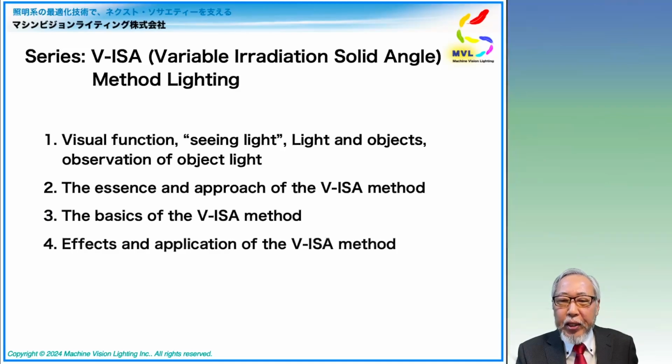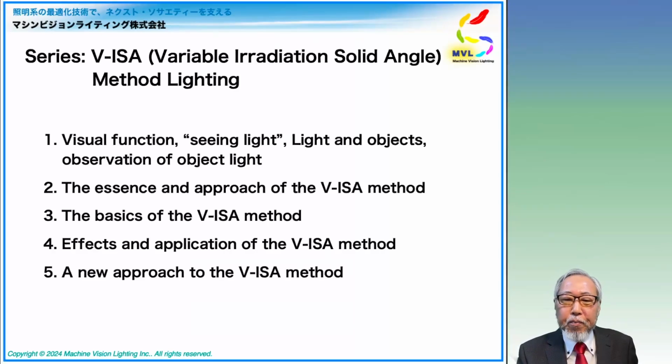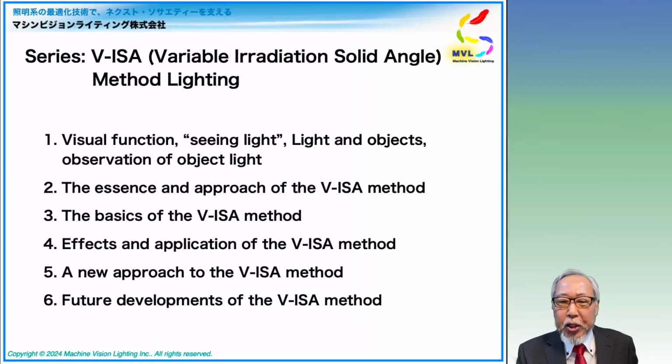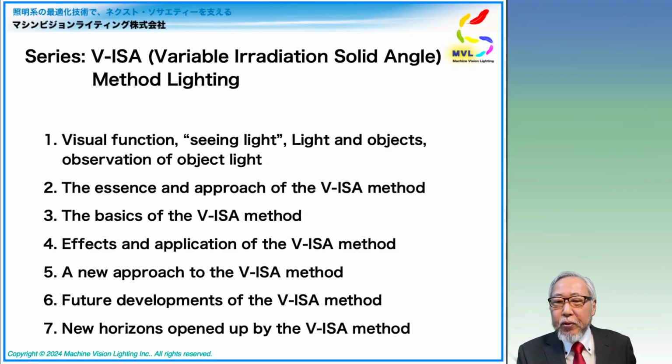In the fourth episode, the effects and the application of the visa method. In the fifth episode, a new approach to the visa method. In the sixth episode, future developments of the visa method. In the seventh and final episode, the new horizon that the visa method will open up.